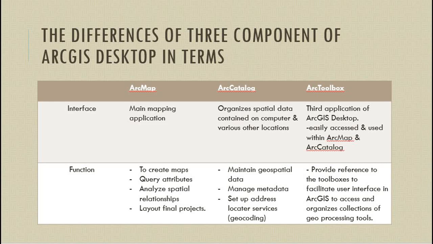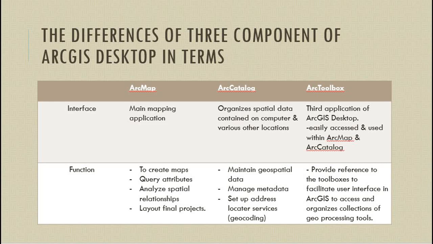Next, I will explain to you about the differences of three components of ArcGIS Desktop in terms of interface and function. First is ArcMap. As for the interface, ArcMap is the main mapping application. For the functions, ArcMap is used to create maps, query attributes, analyze spatial relationships and lay out final projects.